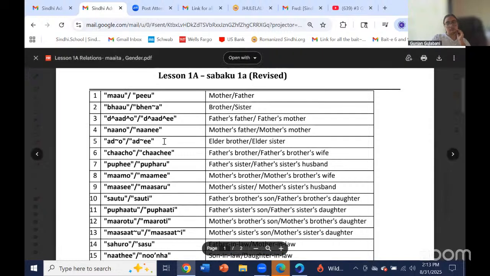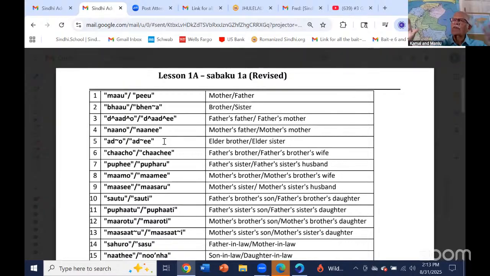Now, in Sindh we used to have big families. Nowadays we don't have big families. In India, hardly 2 or 3 kids. But in Sindh, way back, they used to have early marriages and 10 to 12 children in a family. You must have heard it. 6 sisters and 5 brothers, or 4 sisters and 6 brothers, 10 and 12 and 13, sometimes even 14.